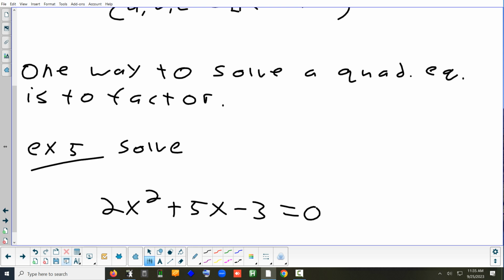Well, you notice the negatives and the positives of it, because that would tell you whether it was an x minus something and an x plus something or whatnot.